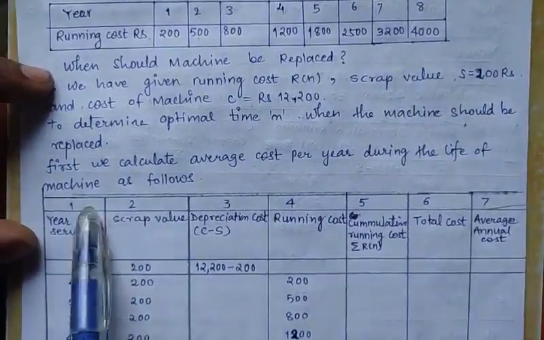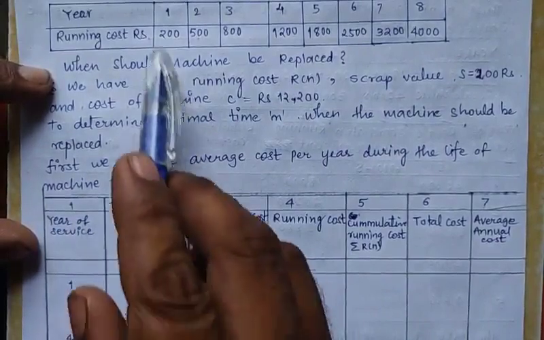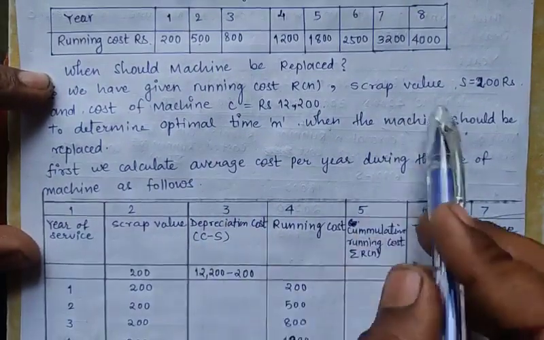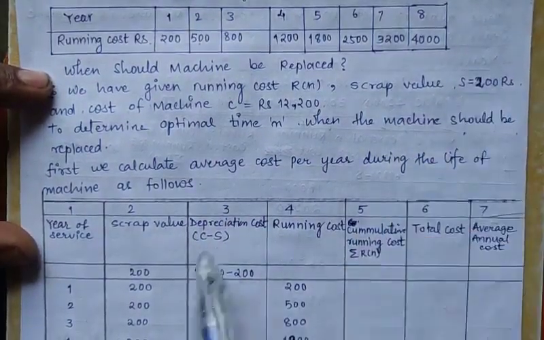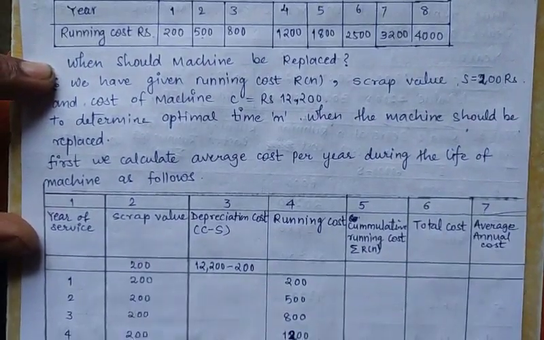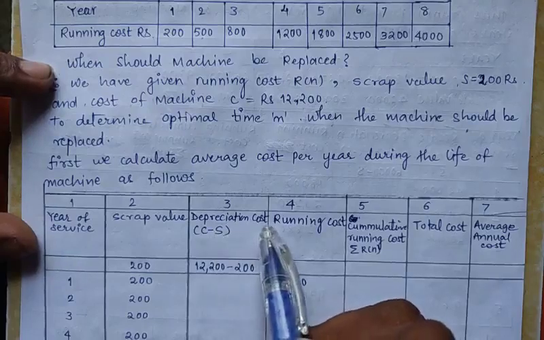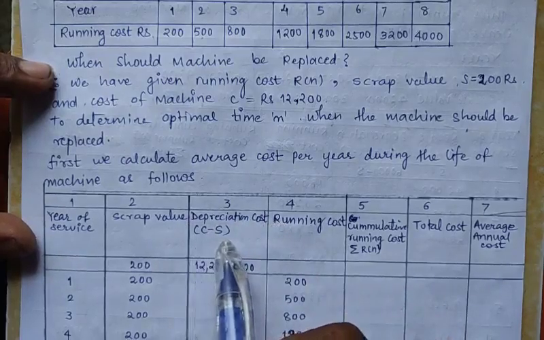In this chart, the first column should be year of service, the number of years. The second column will be scrap value, which we can write for every year. Next, the third column will be depreciation cost, which will be calculated using the formula C minus S. Means what?